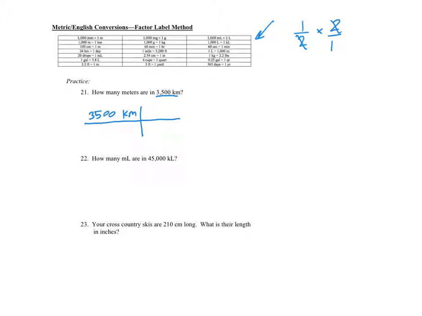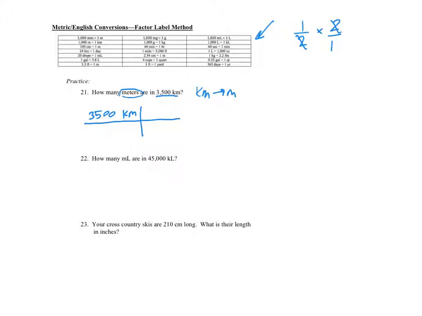So I'm going to read the problem. It says how many meters are in 3,500 kilometers. So it's asking me to convert from kilometers to meters. This whole process is dependent on the ratio, or the conversion factor, between kilometers and meters.